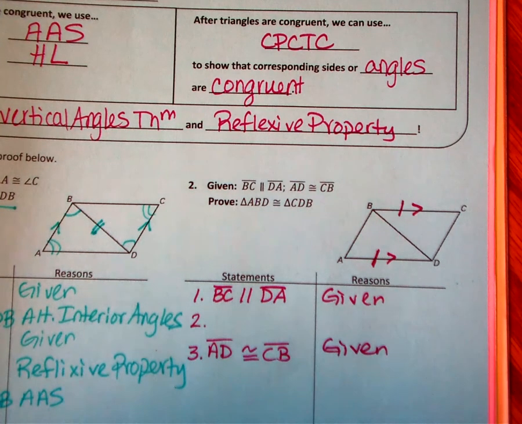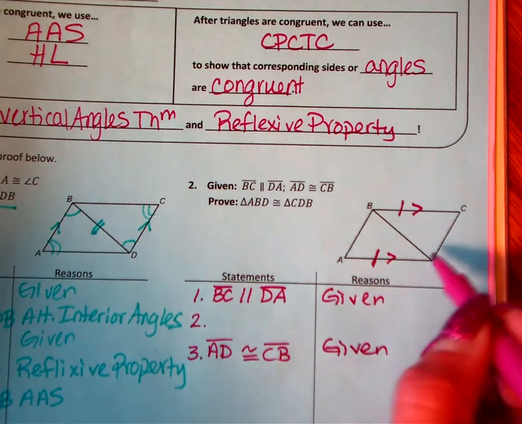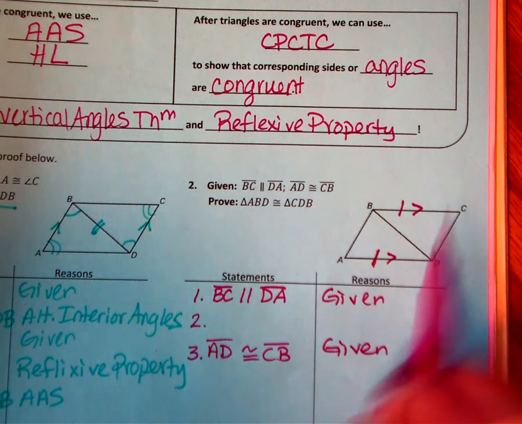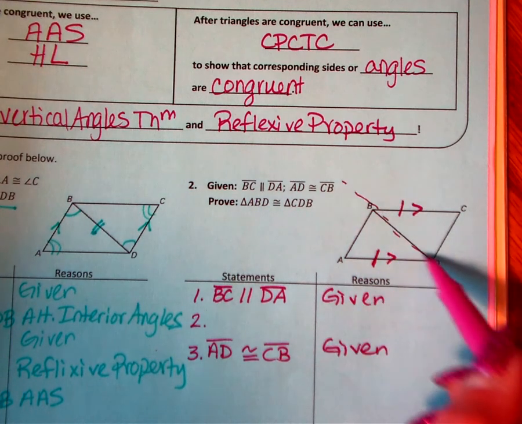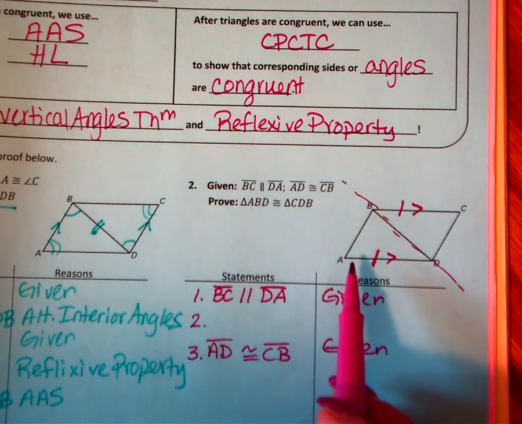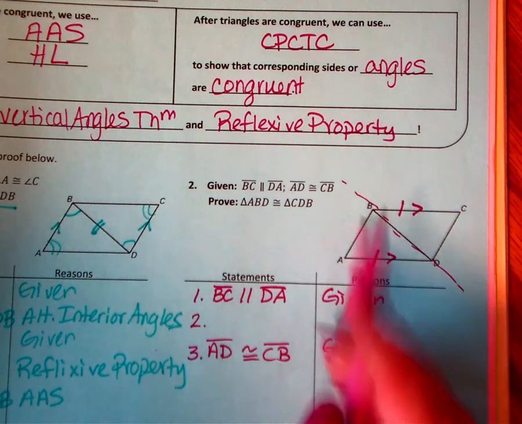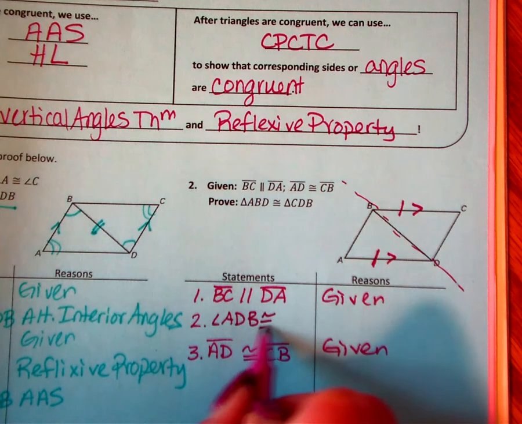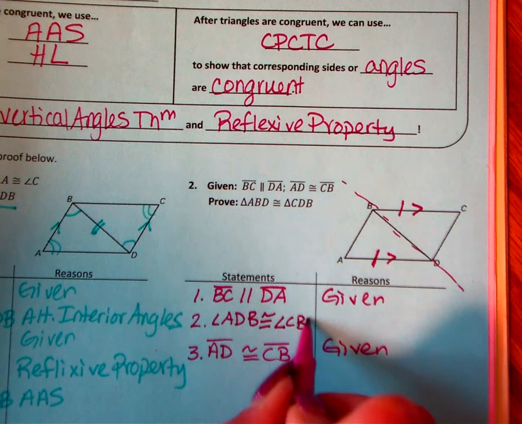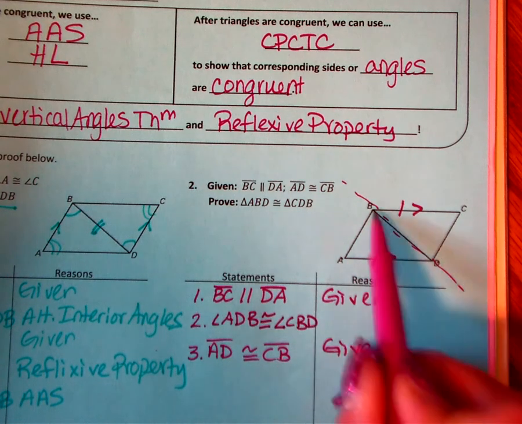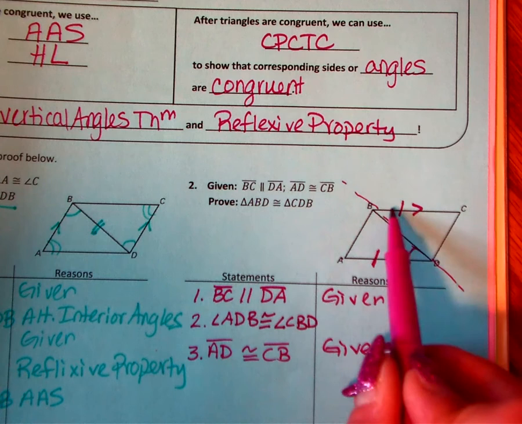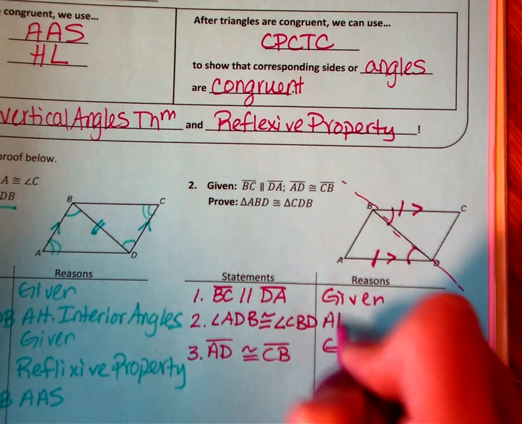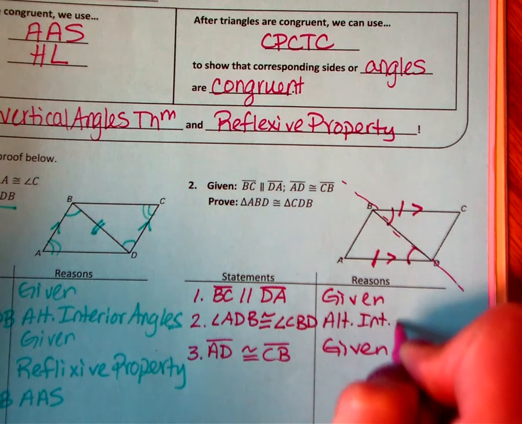What else do we know from being given that BC and AD are parallel? This would be like our transversal through here, right? So we can say angle ADB is congruent to angle CBD, and that would be our alternate interior angles theorem.